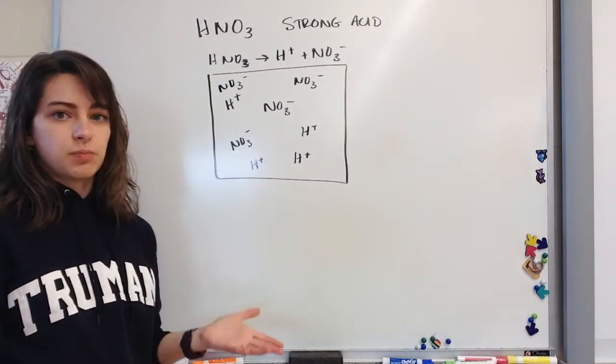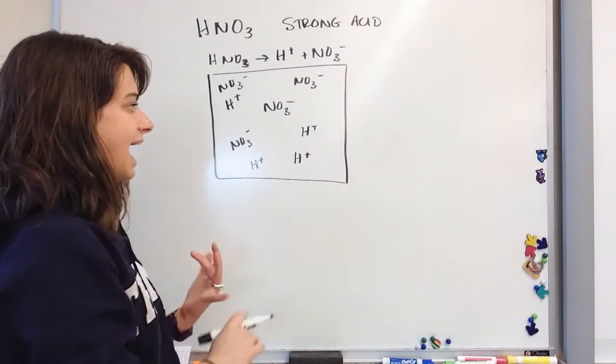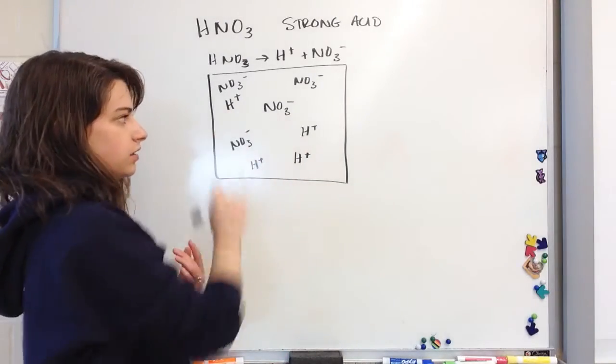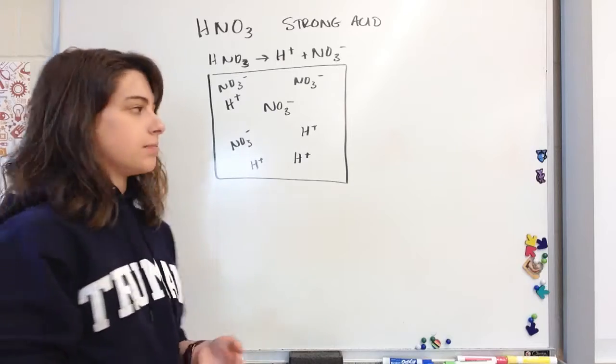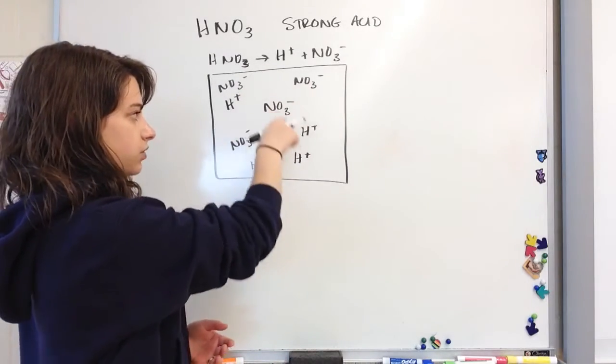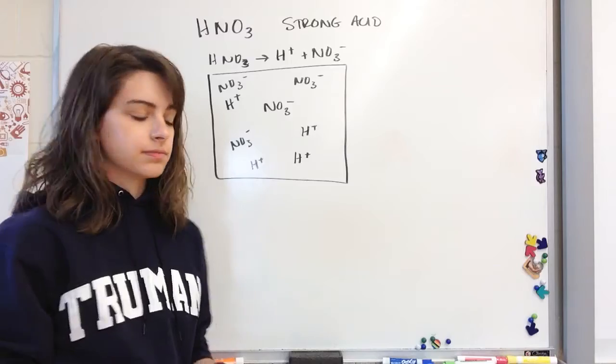So if I were to look at this particle diagram, I would know that it's an acid because I see H+ ions floating around. And I would know that it's strong because I don't see any HNO3. All I see are the two ions.